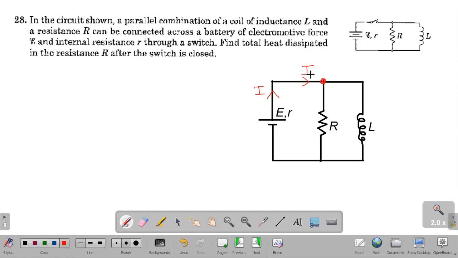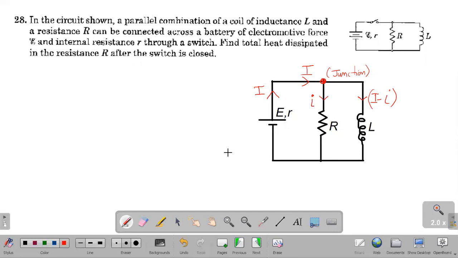At this junction, the current I will be distributed, and let us suppose that small i current is flowing in the resistance capital R, and the remaining current, as per Kirchhoff's junction rule, which means capital I minus small i, goes through the inductor capital L. This is the distribution of current. Here we have followed Kirchhoff's junction rule, according to which the total current entering a junction should be equal to the total current leaving that junction.